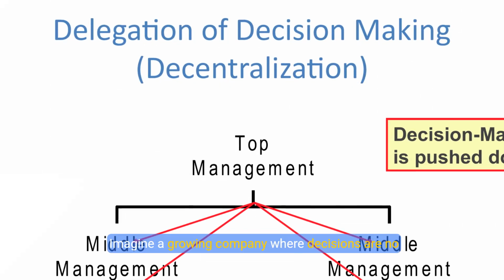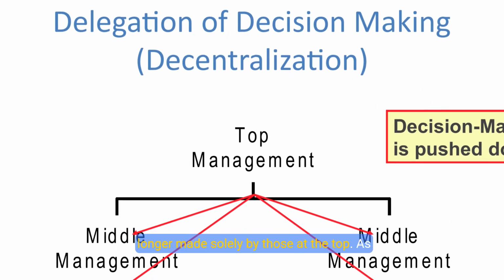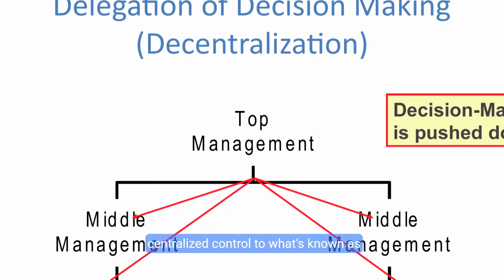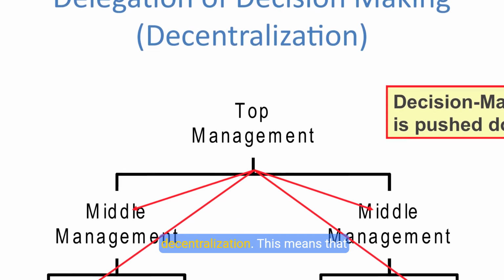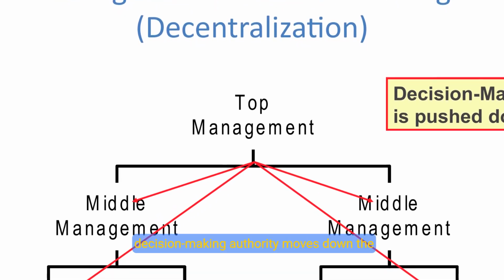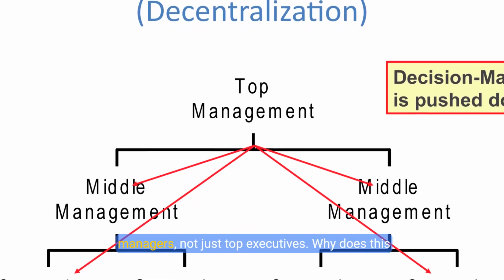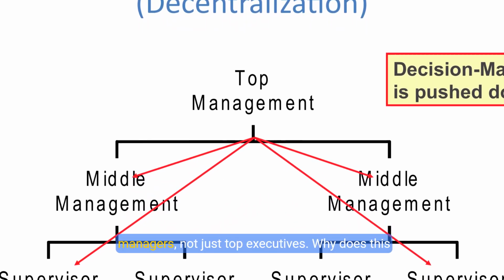Imagine a growing company where decisions are no longer made solely by those at the top. As organizations expand, they often shift from centralized control to what's known as decentralization. This means that decision-making authority moves down the hierarchy, empowering supervisors and middle managers, not just top executives. Why does this matter?